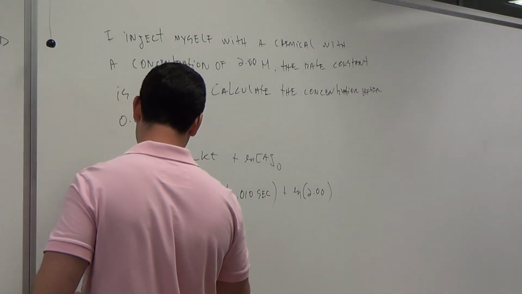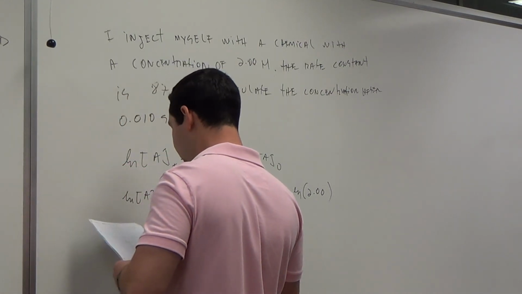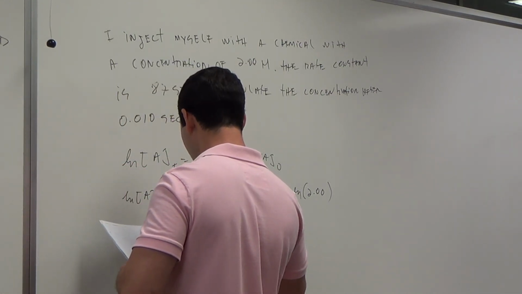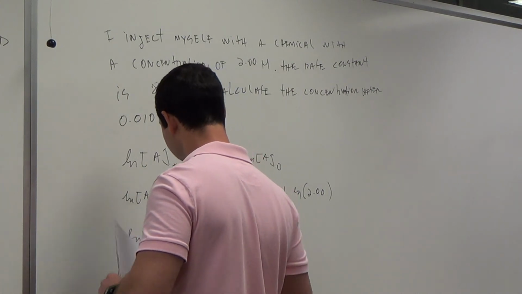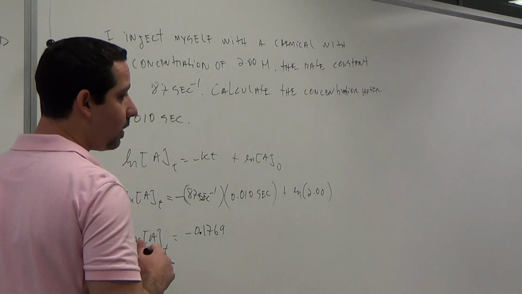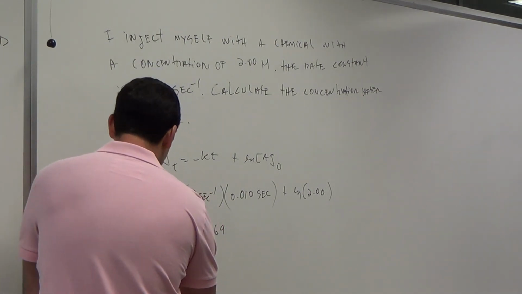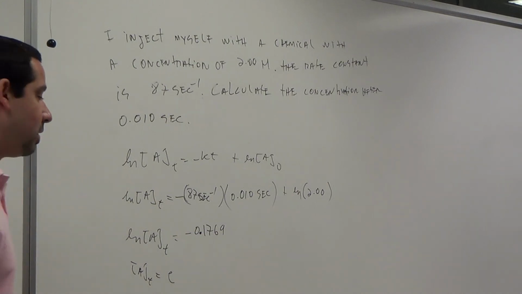So ln of At is what? Minus 0.1769. Wow, I hate this calculator. That's the answer to that, but is that the final answer? No. The final answer, At, is equal to e to the minus that, yes?